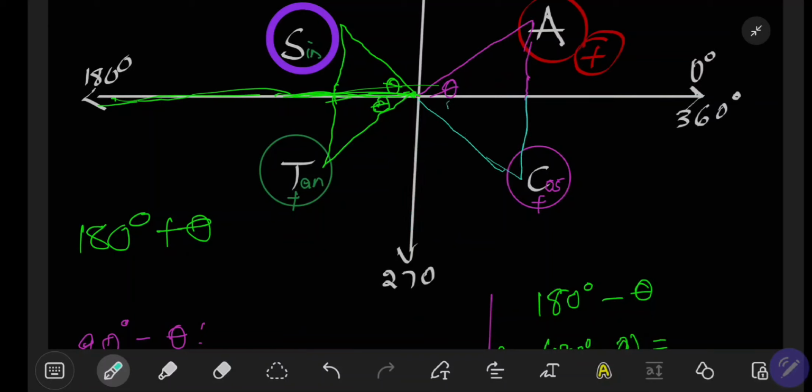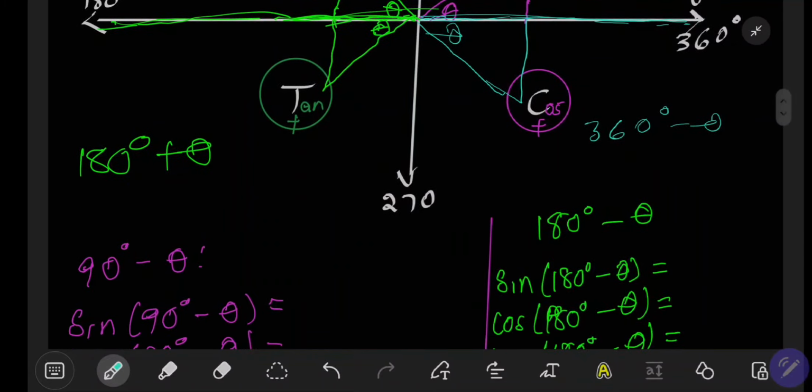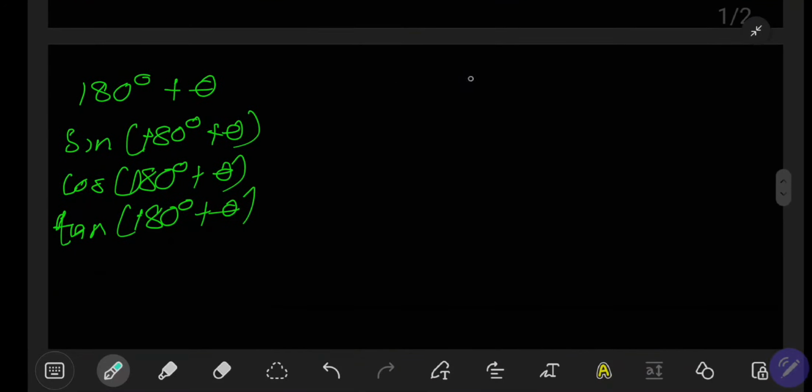And then now when we go to the fourth quadrant, we are going to have a triangle like this. Then our angle will be there. So you can see that this angle is relative to this line here. So this one will be 360 degrees minus theta. All right, so for the fourth quadrant, let me write it here.